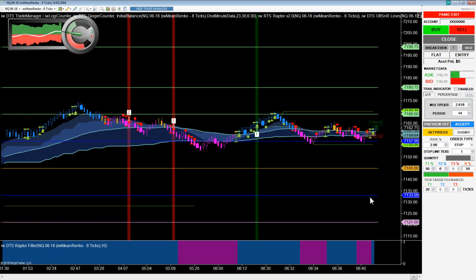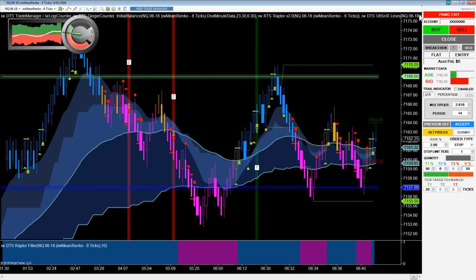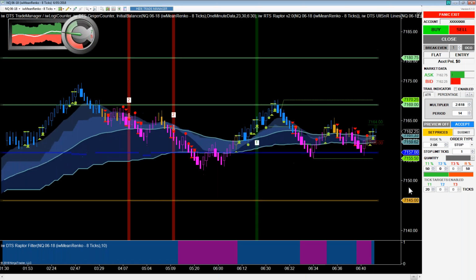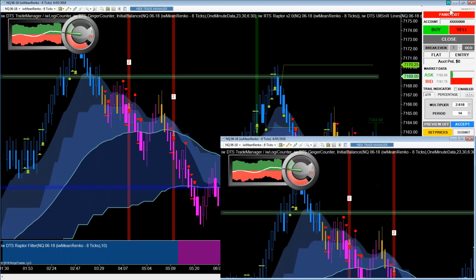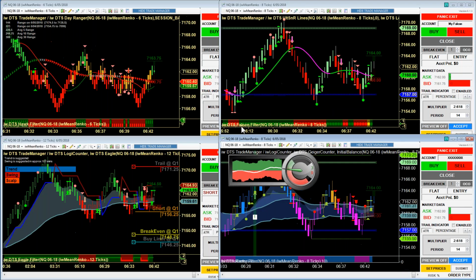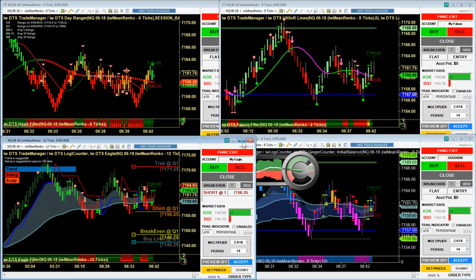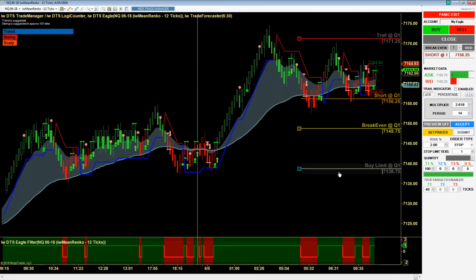That seems like a fairly reasonable target, providing, of course, the market continues lower from here. It's not in the bag just yet. So what was that number? 71.33. Would bring us down to primary support.